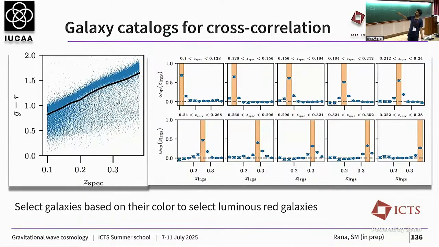And you can see again that you see a peak, and then zero cross-correlation, a peak, zero cross-correlation. This is real data now, not gravitational wave events, but photometric galaxies, right? And you can start to see these peaks. You can characterize the redshifts of the galaxies that you're going to use to cross-correlate with the gravitational wave events.